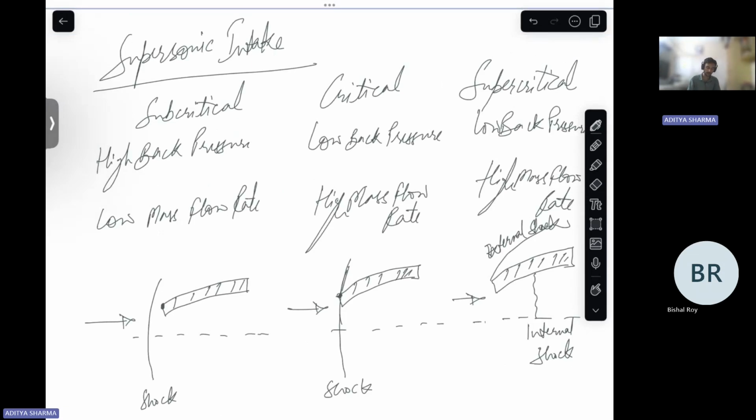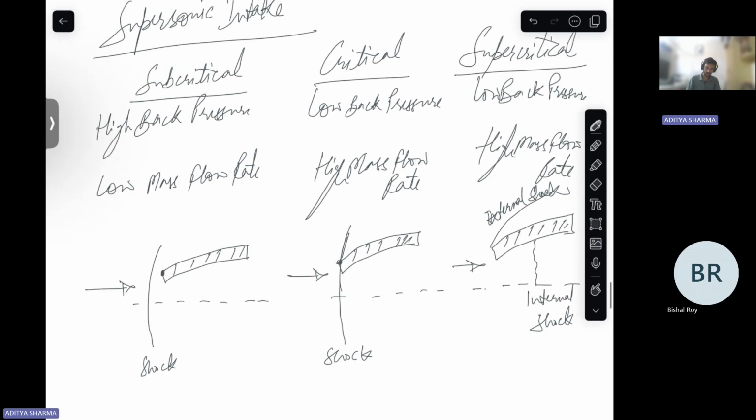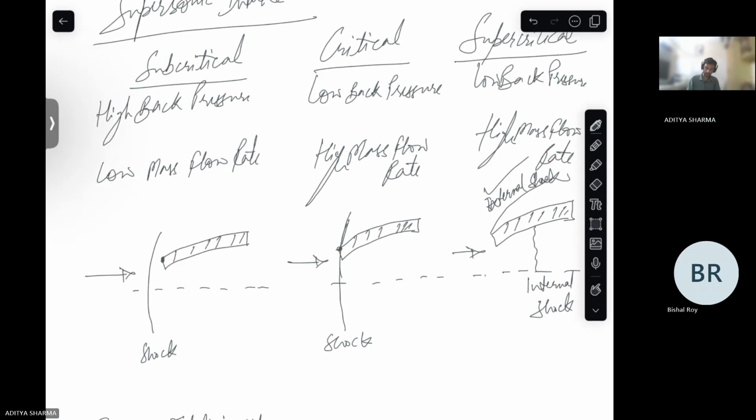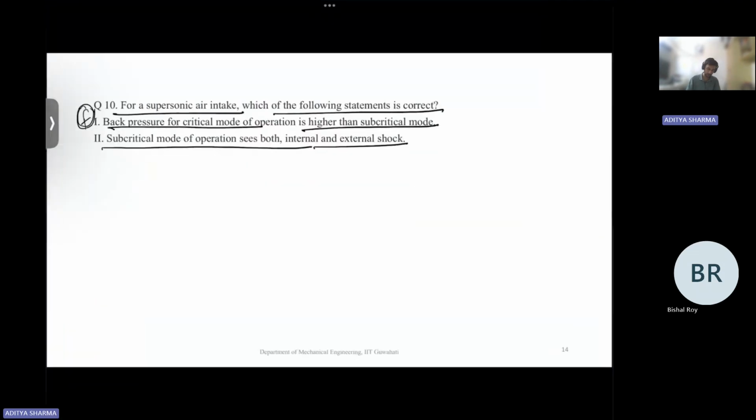So the supercritical mode sees both external and internal shocks, not the subcritical mode. So again, this statement is wrong. So both the statements are wrong. So based on the given options, option D comes out to be a wrong option.